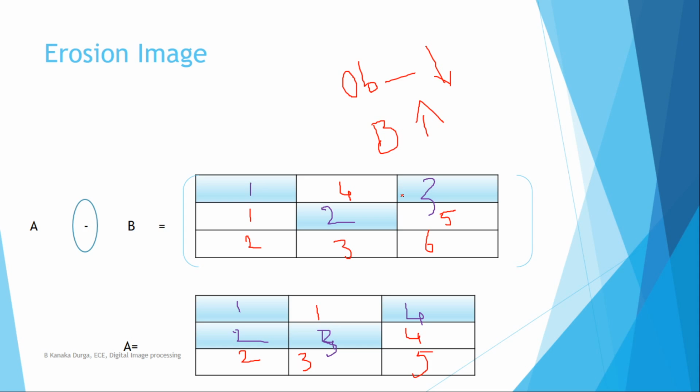So dilation increases, erosion decreases the sizes of objects. If any noise is in the object, it is removed by dilation. Erosion is going to decrease the noise in the background.